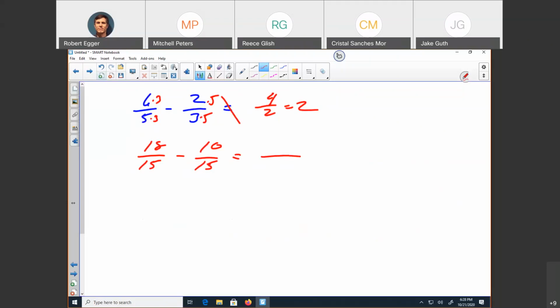And of course, once you get the denominator set, you set it and forget it. I don't subtract. I don't play with the denominators other than to set them the same. So if I started with 15 down here, I'll end with 15.